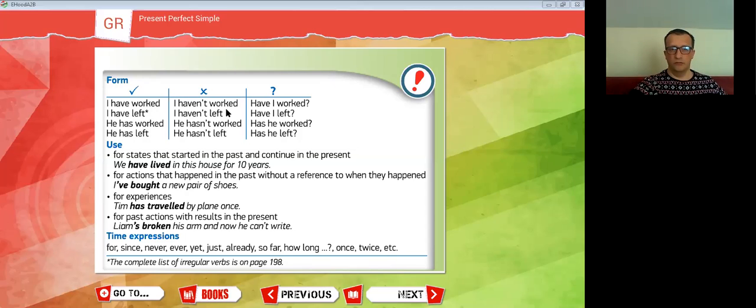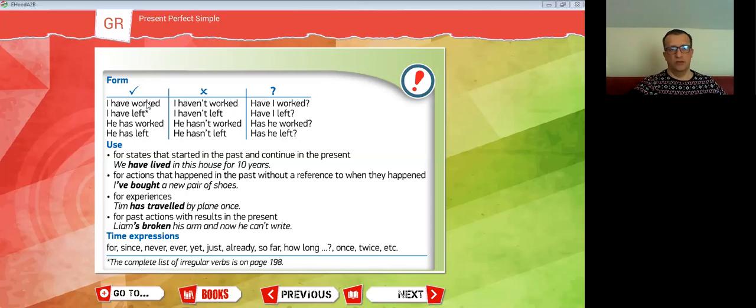In the negative form, actually, there is only not added to the auxiliary verb, have and has, and there is no change in the form of the verb. For the question, again, we take the auxiliary verb, helping verb, to the beginning before the subject, and again, there is no change with the verb form.